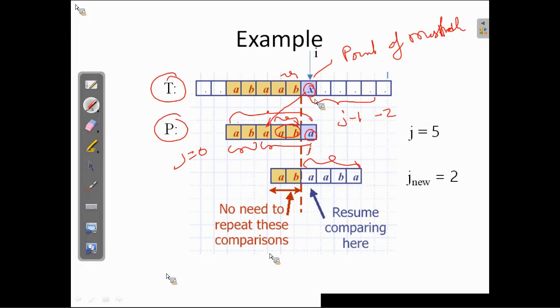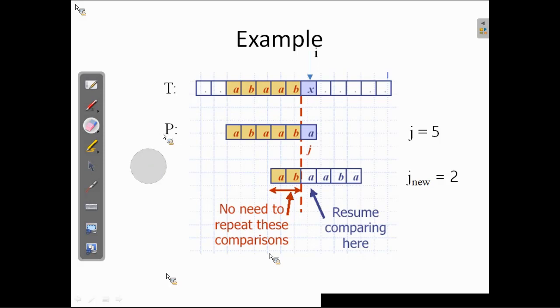So that is the secret of the algorithm, that you are not going back in I because that's matched already, and you are continuing the match from this point onwards. Now if there is a mismatch or not, that is a later day story. Okay. So let's try and see whether we will follow this through.